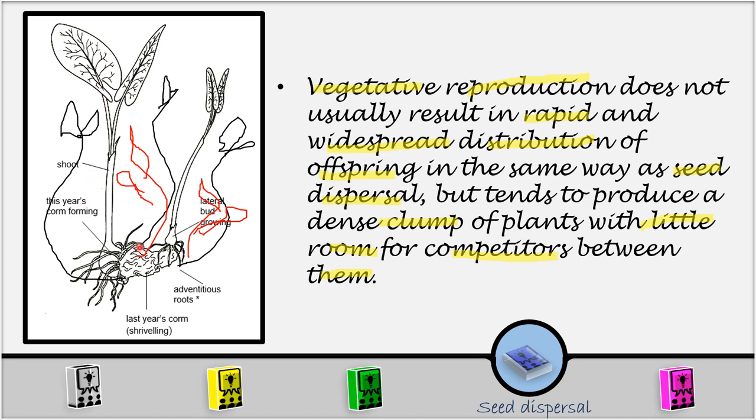They cannot allow them to grow in between. Therefore, there will not be competition between organisms of the same type, and there will not be competition from other organisms of a different type.